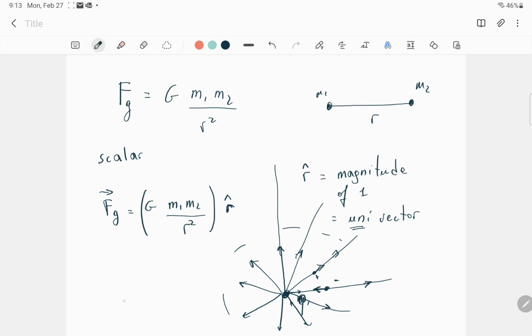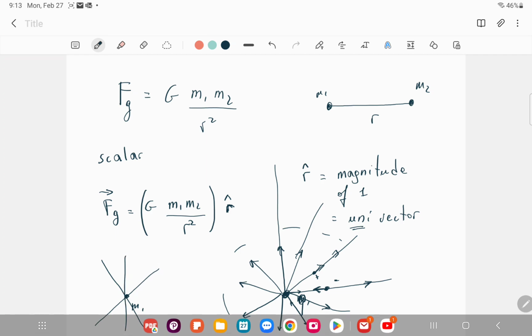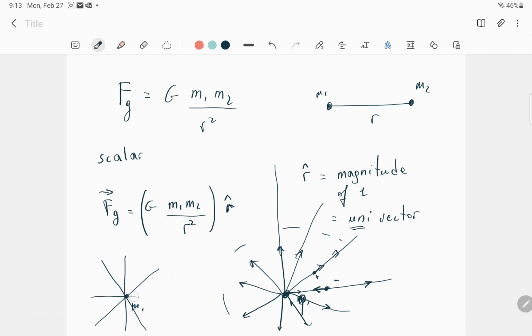For the gravitational field instead, there's still a radial field, and it is always attractive. So whichever mass I place here will be attracted. This mass m2 will attract m1, and this mass m1 will attract m2. Wherever I place a mass, there will be attraction between the two masses.